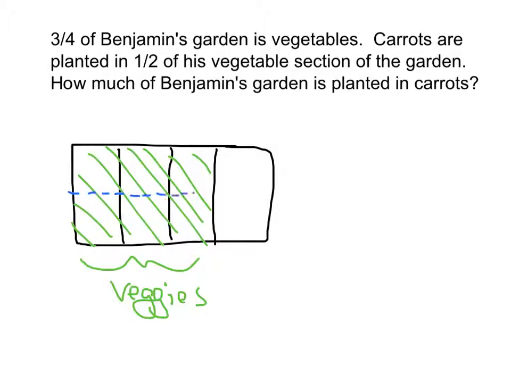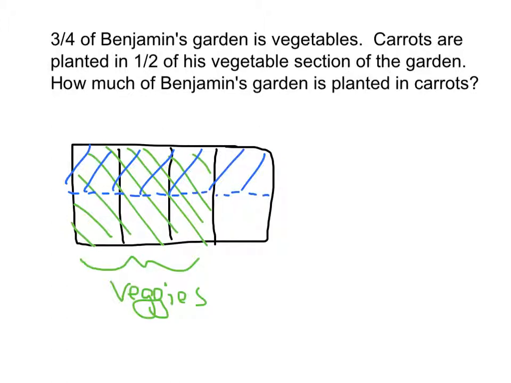There it is, there's a half, and I'll go all the way across the whole garden. Well, you can see that now I have eighths. 1, 2, 3, 4, 5, 6, 7, 8. And of those 8 pieces, half are going to be 3 pieces. So the answer is going to be 3/8 here.